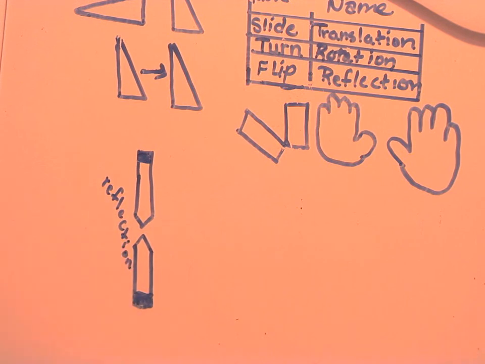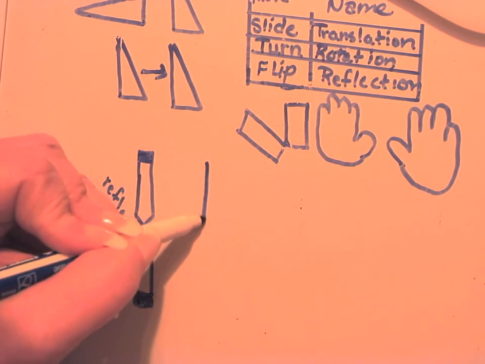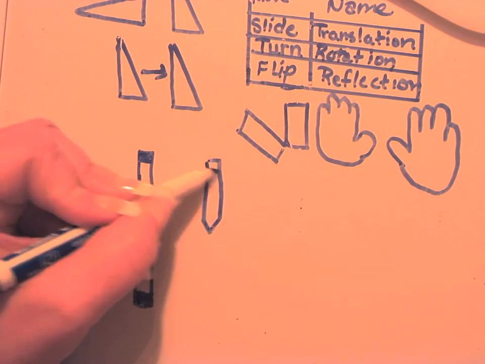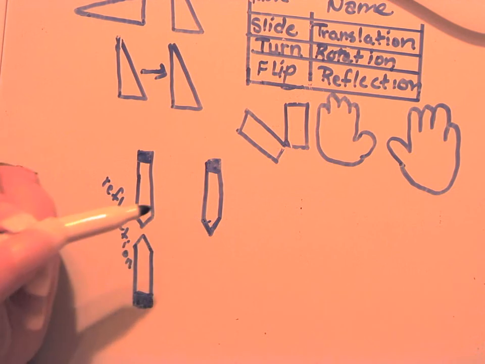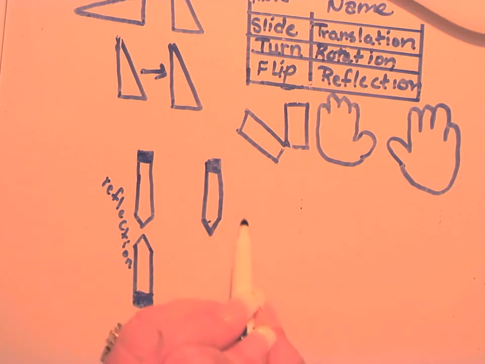If I take that same pencil, let me make that pencil again. Not the best, but it's a pencil there. And now let's say we're going to slide it. I can slide it any direction. So this time I'm going to slide it like this.